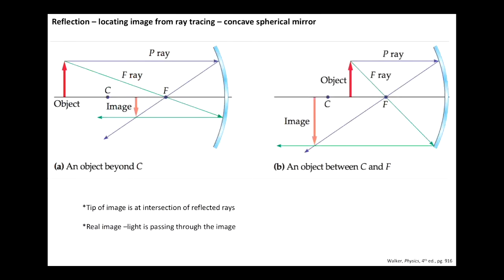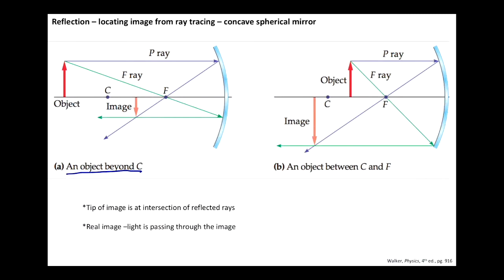Weirdly enough, it's the concave that's actually more confusing. Depending on how far away the object is, it behaves differently. You get image formation that is different. So, you will see on this slide and on the next slide 3 different cases. First of all, if my object is farther away from the mirror than the center of curvature. So this is the farthest possible case.